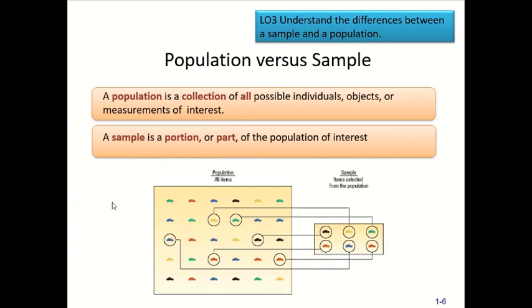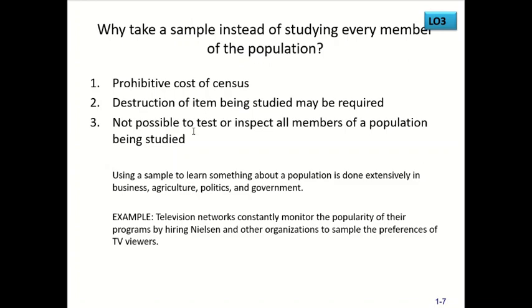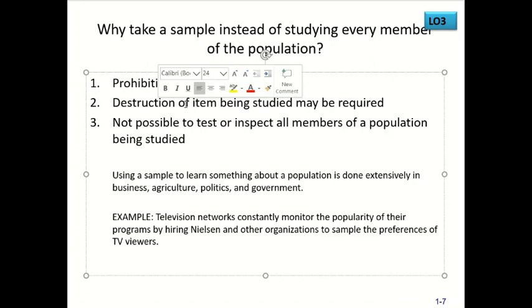So often collecting data from the entire population is not practically feasible. It is cost intensive, prohibitive in cost, if you collect data from each and every individual or object in a study. And at times it might also involve destruction of the item when you conduct the study.